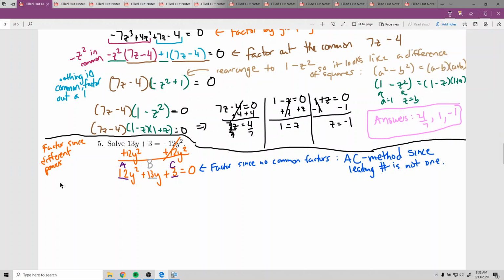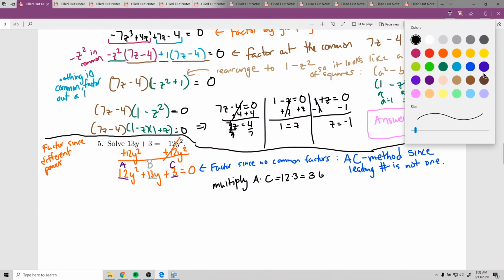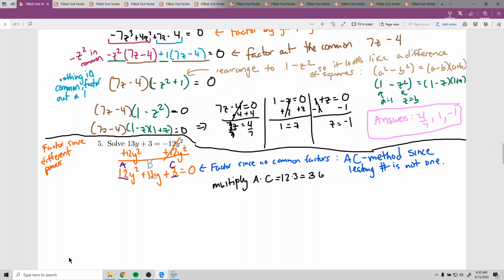Right, so we start by multiplying A times C. Here we have 12 times 3, which is 36. And now what you want to do, you think about it the same way.